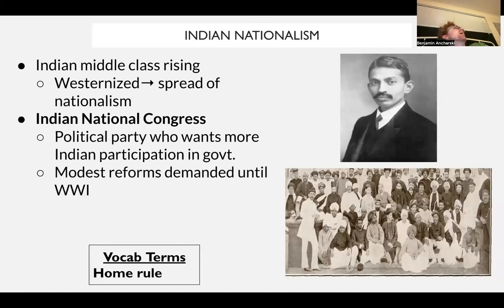However, we do see that this INC is going to be mostly modest in its demands for change until World War I. World War I is a changing point in the history of imperialism, because it tends to be the start of a lot of anti-colonial struggles.